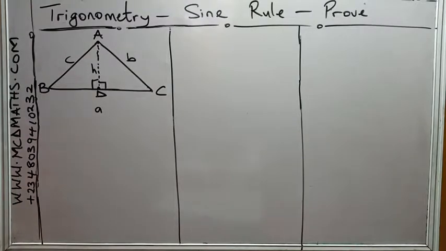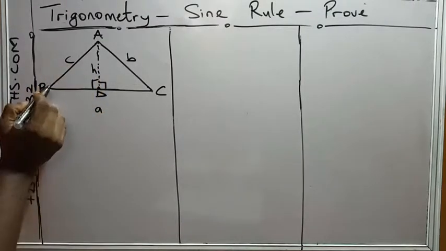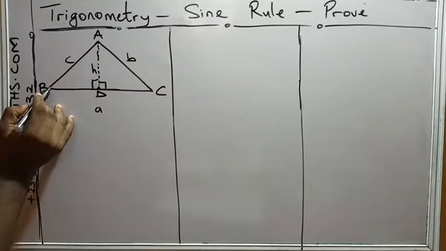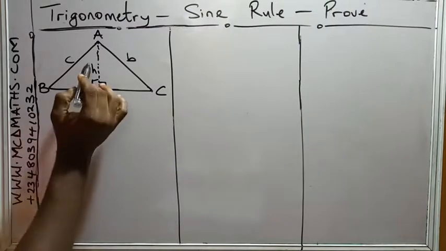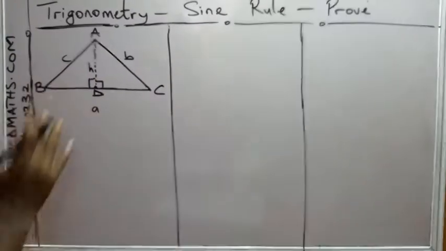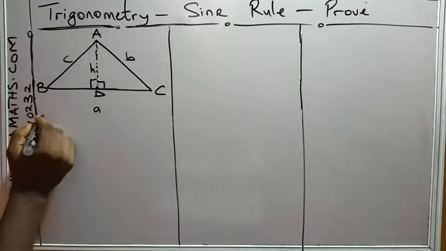Now the next thing is just to apply SOHCAHTOA, and let's try to see. For example, we'll take this triangle and we'll see what sine B will give us. As I said, we are playing with it. The aim is just to make H the subject of the formula.